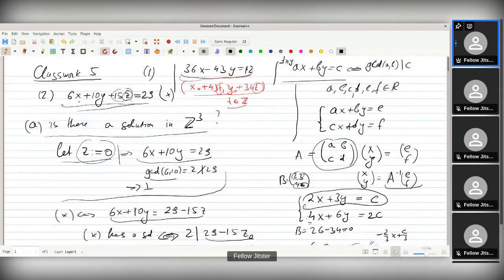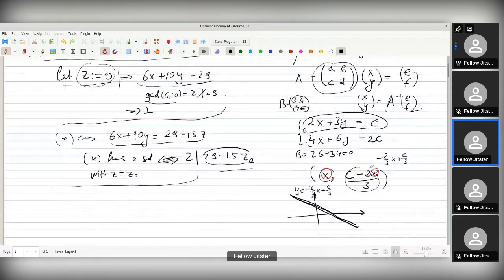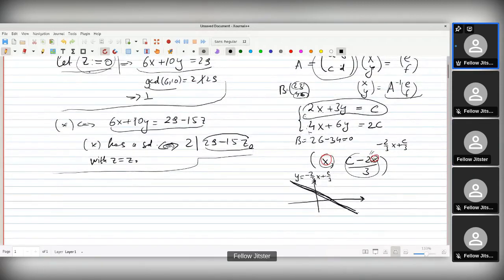If z equals 0, then 29 minus 15z is not even. It is odd. It is 29. But what should we take for z in order to make this difference, 29 minus 15z, even? We can take 3 maybe. 3, yeah. But even 1 is enough. Yes.